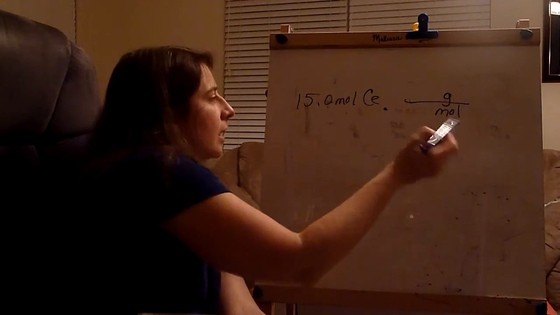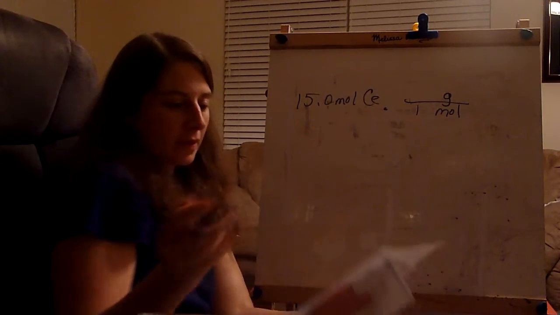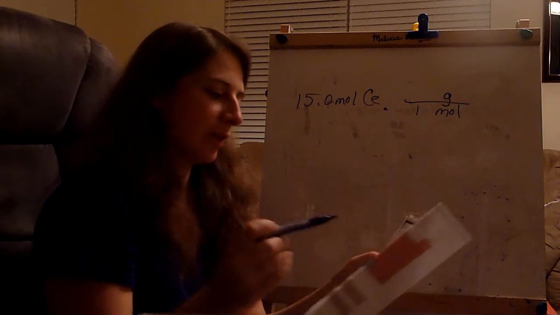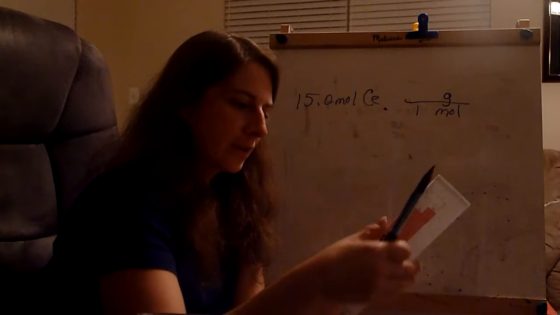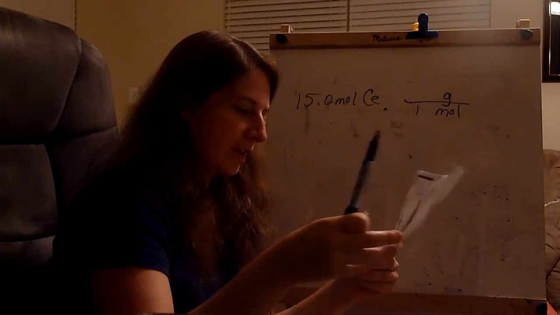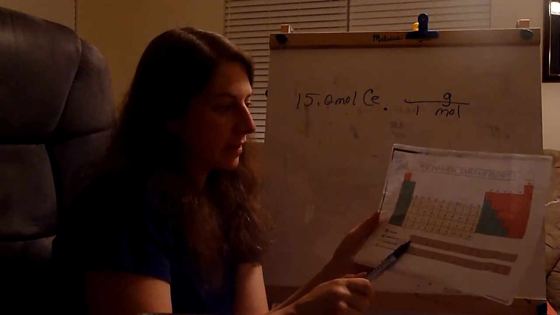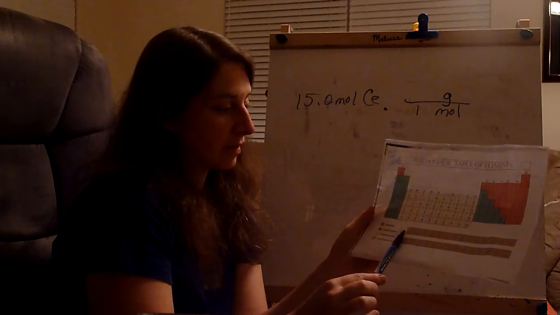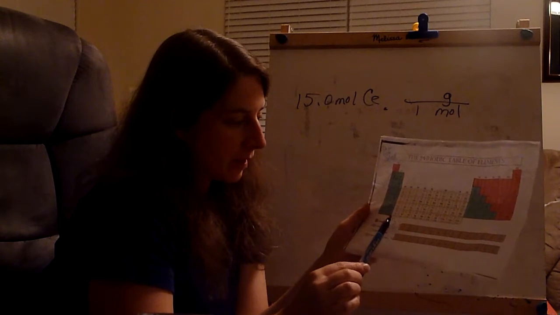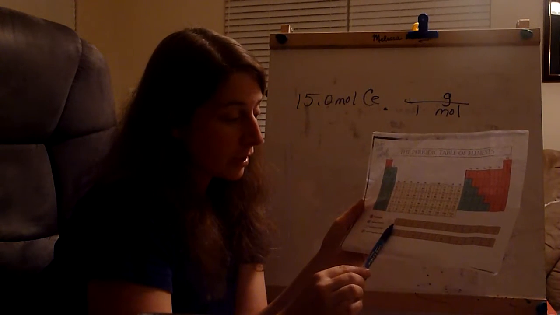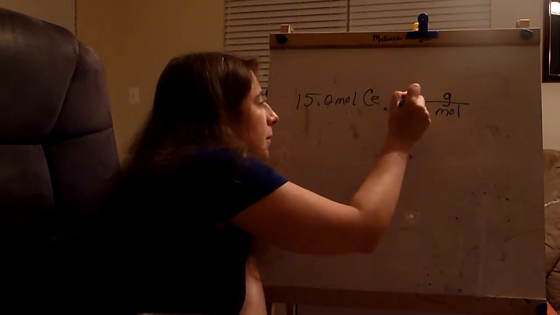I know that I can find on the periodic table if I look, cerium. First one here in the, these are called lanthanides, you don't have to know that. But anyhow, molar mass of cerium is 140.1 grams per mole.